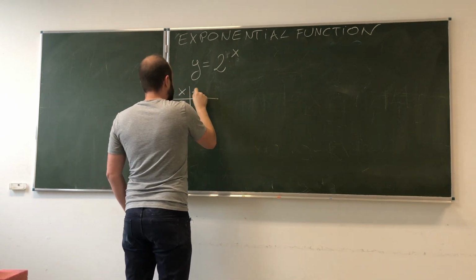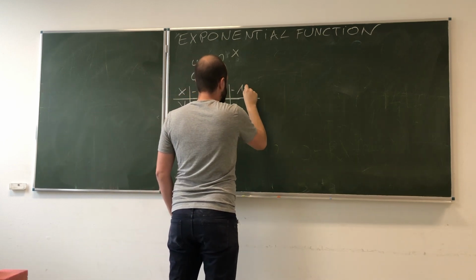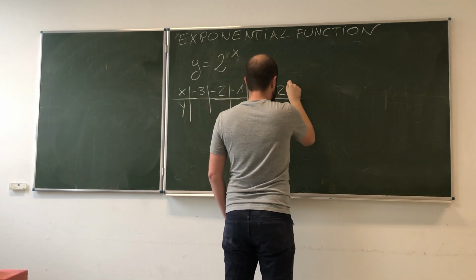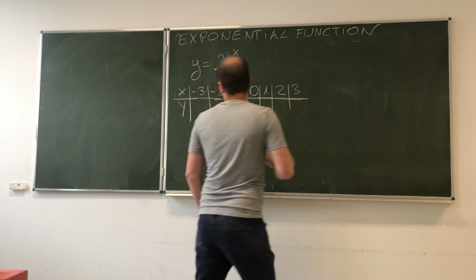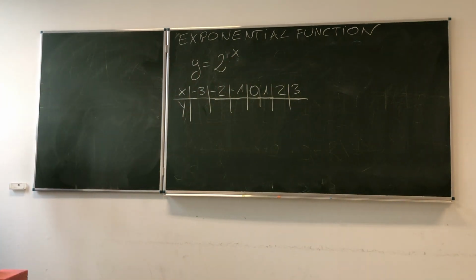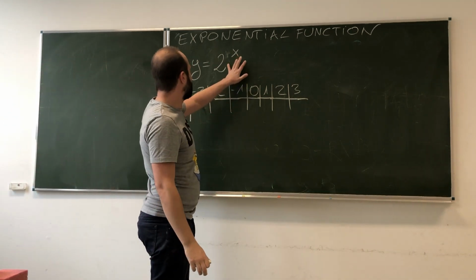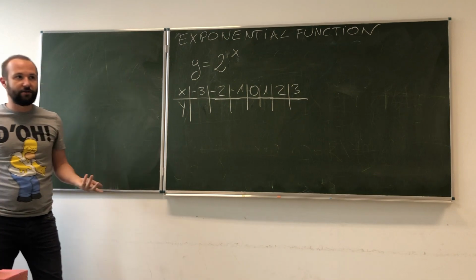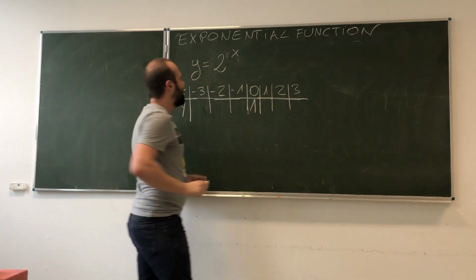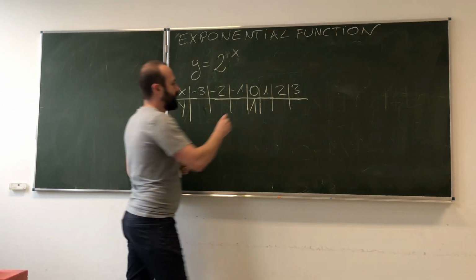So we've got -3, -2, -1, 0, 1, 2, 3. Let's start slow. If x is 0, of course any number taken to the power of 0 is 1. If x is 1, then we've got 2.